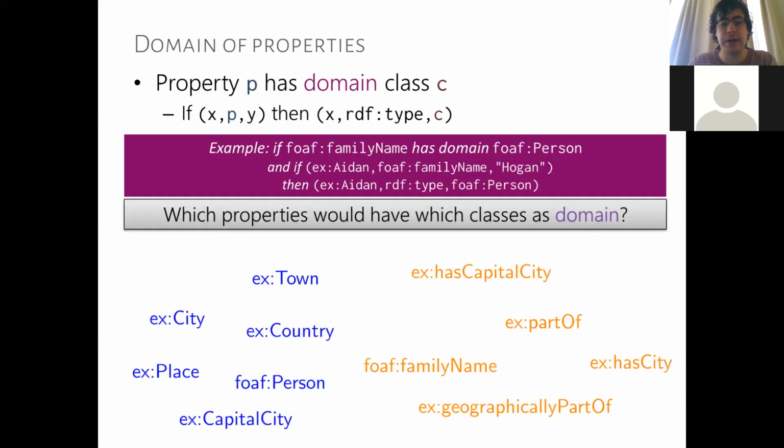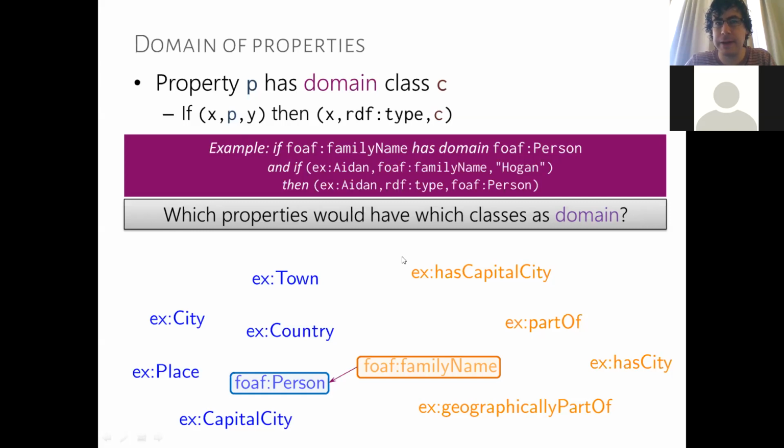Okay. So which properties would have which classes as domain? So we see we already have one example here, which is family name has domain person. Okay, so we can connect those two and say family name has domain person. Any other examples here? So let's say has capital city.